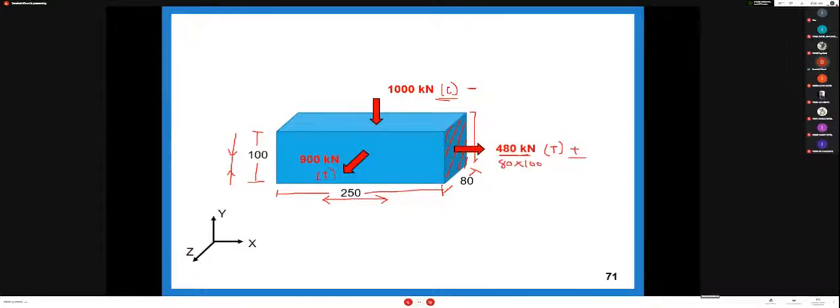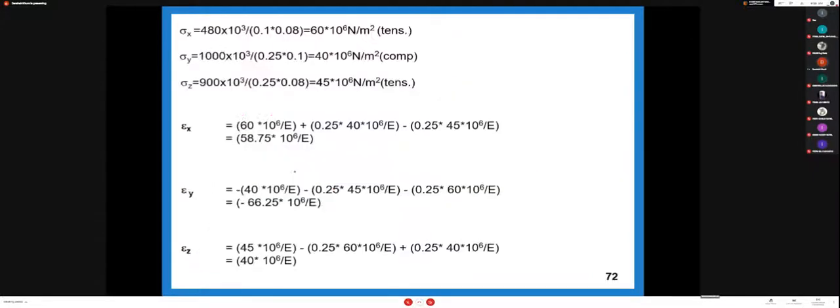Okay. Now whenever you consider this 1000, at that time you have to consider this area, and stress is produced accordingly. For 900 kilonewton, you have to consider this area, this one, 250 by 100.